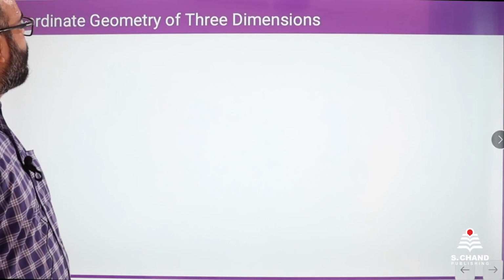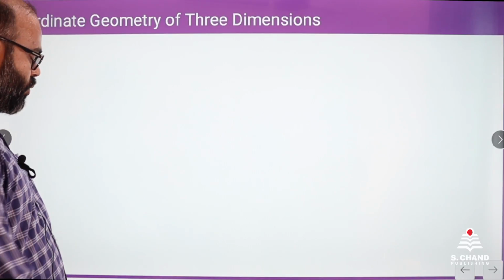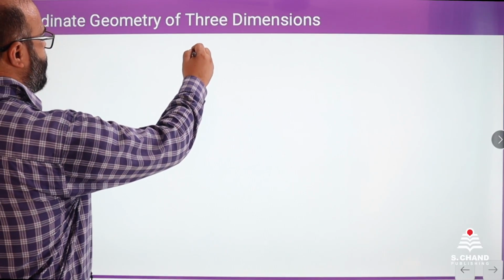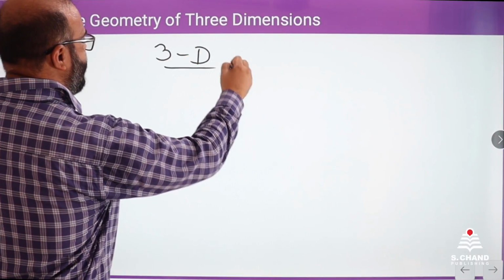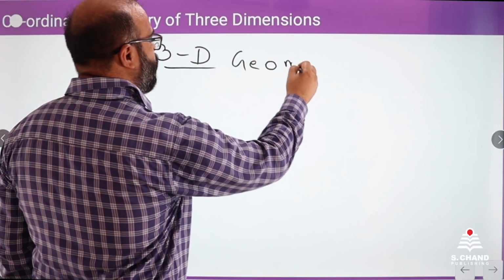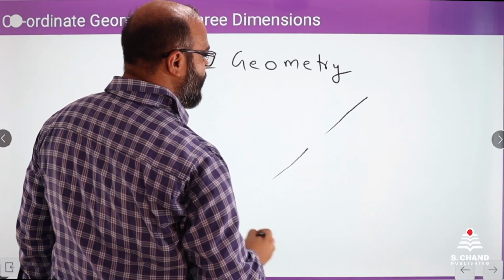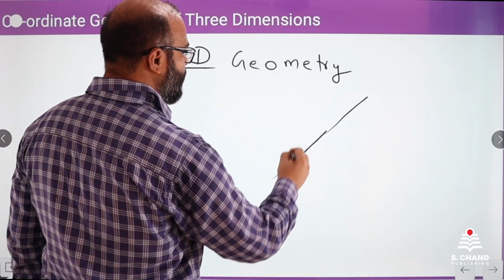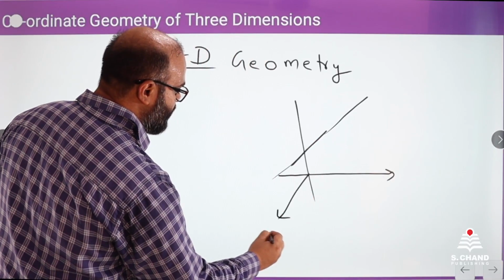Here we have a few theories which we have to do, a few concepts which we have to overview. So what are those concepts? Let us see. First of all, when we talk about 3D geometry, there is a line and there is an angle which it makes with the 3 axes, x, y and z axis.